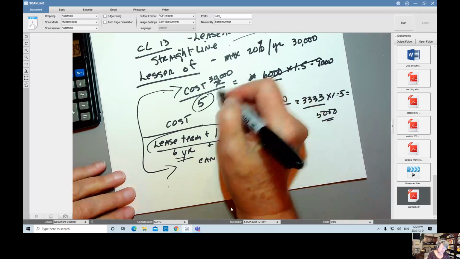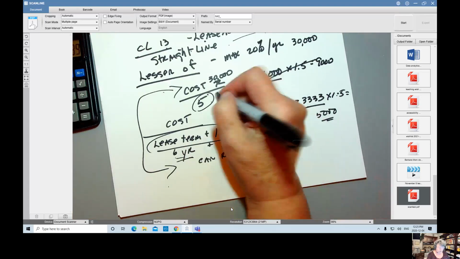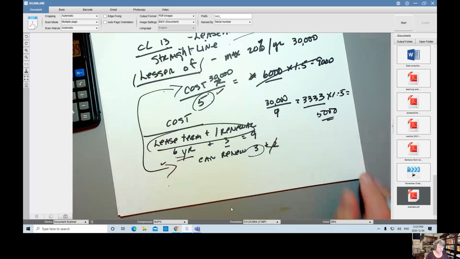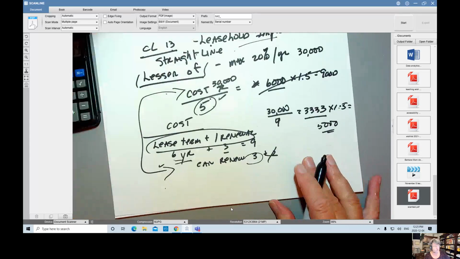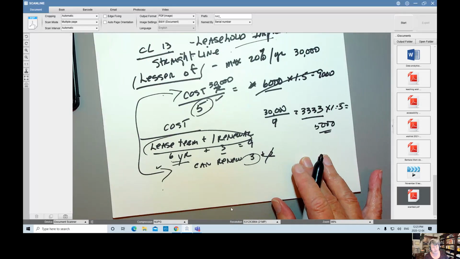If you make a mistake in one of these, you can wind up using this one when it should have been that one, or vice versa. I need to see that you understand that it's a lesser of, and the way you demonstrate that is you show me all the calculations. So if you look at old questions, old midterms, old quizzes, it'll always say show all calculations regardless of whether needed. That's the sort of thing I'm talking about.